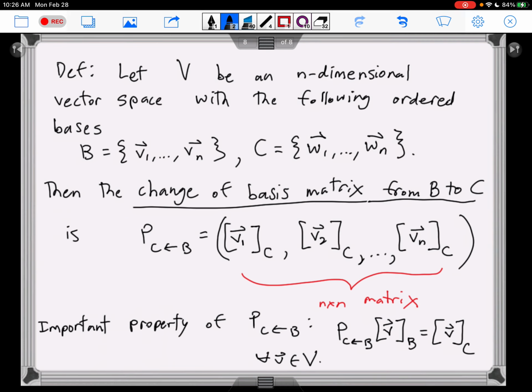All right, well, let's do an example here. Well, actually, maybe what I'll do, I want to write some general things here about how you actually find this change of basis matrix before we do the next example, okay?